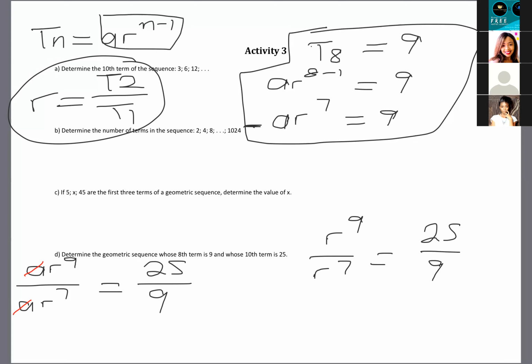Therefore, I'm going to be left with r to the power of 2 is equal to 25 over 9. And then I square root that, then my r is equal to 5 over 3.